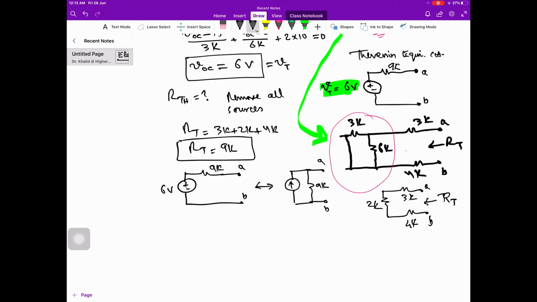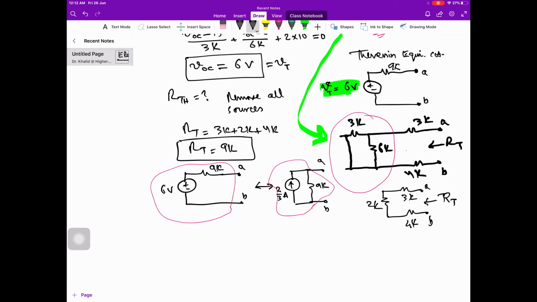What will be the current? Current will be 6 divided by 9, and this current is 2 by 3. So whether we use this circuit or this circuit, both are equivalent.